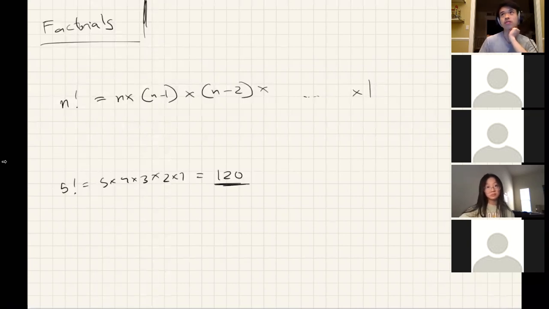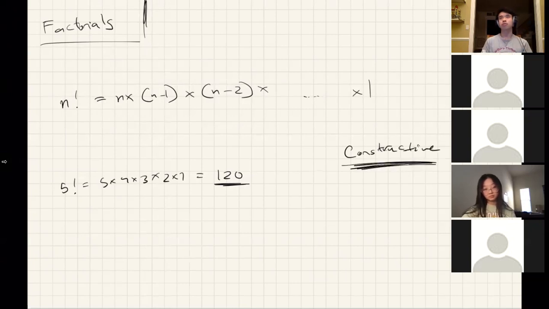Factorials are really important when it comes to constructive counting, like multiplying things together. You might have 5 ways to construct the first element, 4 ways to construct the second element, 3 ways to construct the third element, and you keep going in this way. You're constructing your element piece by piece, and when you do that, a lot of times you're going to get a factorial as your final result. So those are factorials.